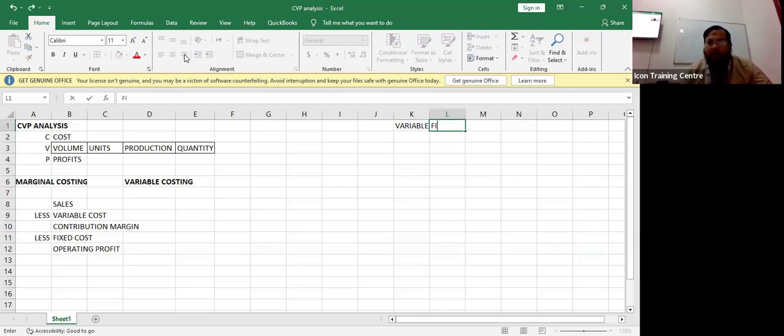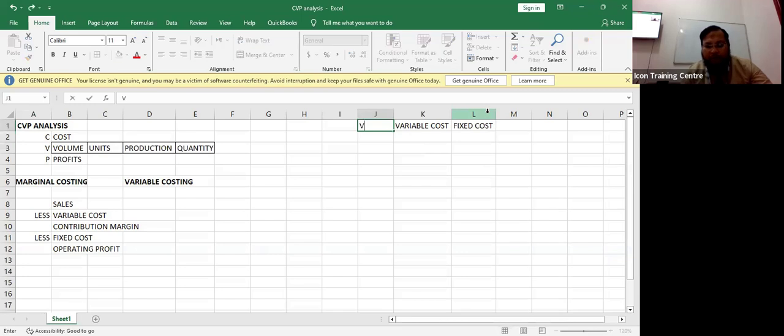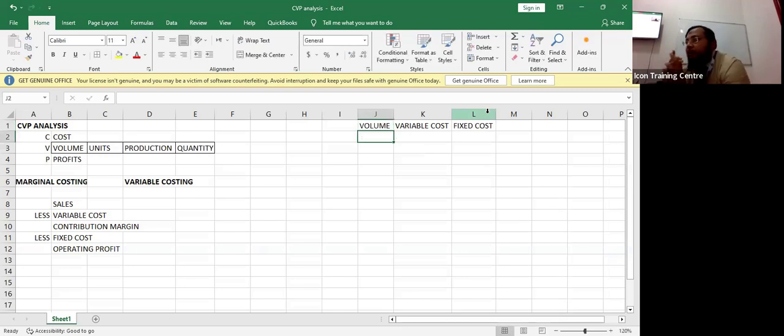So what is the difference between variable cost and fixed cost? The simple difference is variable cost changes with the increase in unit production. I mean, if I take volume here, with every increase of a single unit, variable cost will change, but the fixed cost will not change, right?